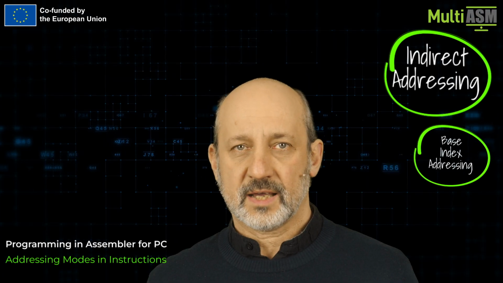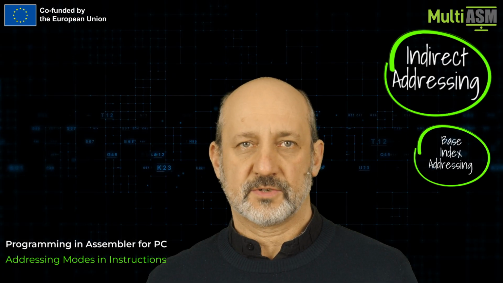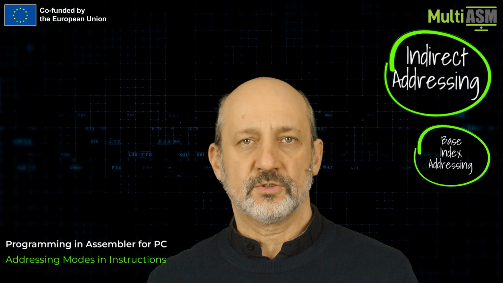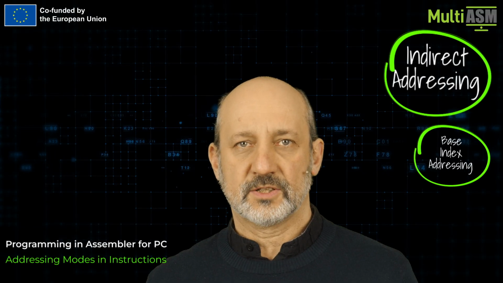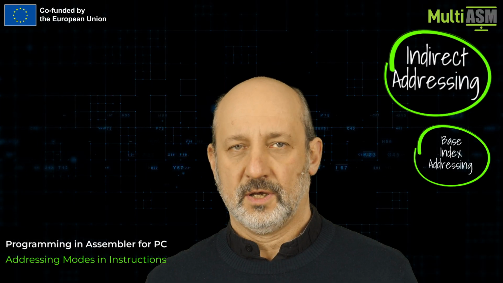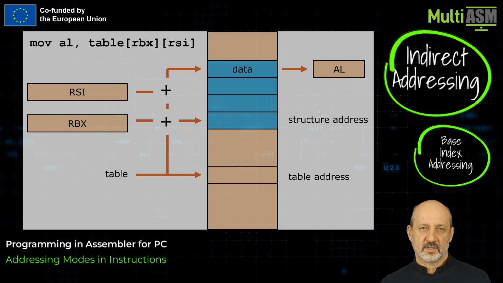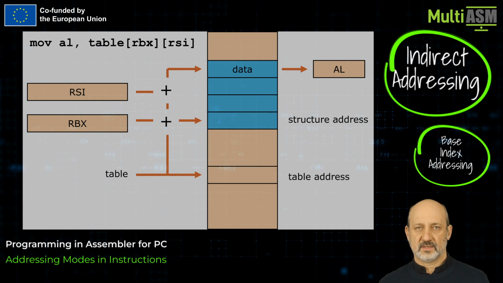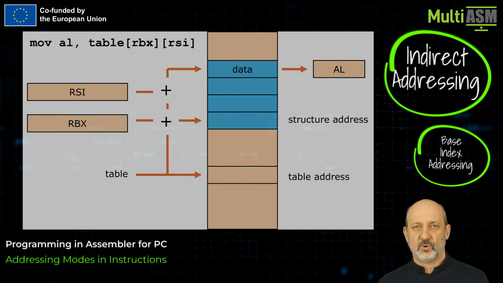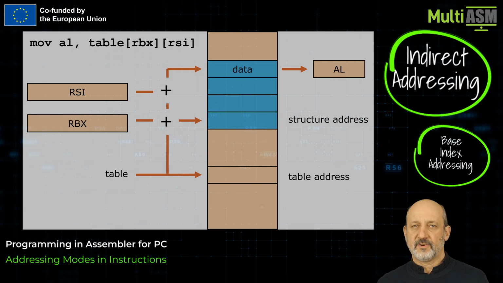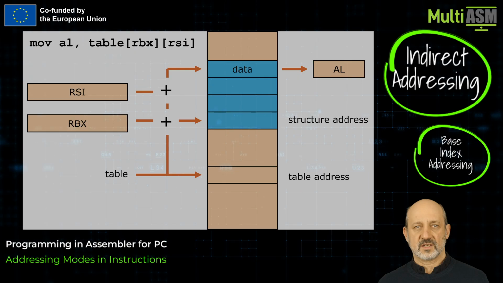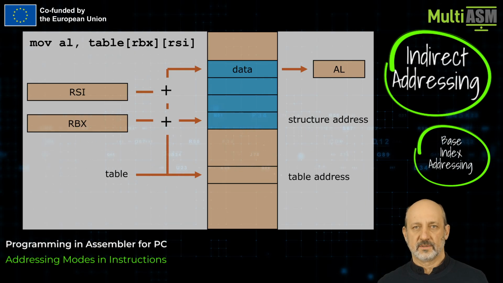In base indexed with displacement addressing mode, the combination of two registers with an additional constant is used. In 64-bit processors, any register can be the base, and all except the stack pointer can be the index. The constant is up to 32-bit signed value. The final effective address is the sum of the contents of two registers and the displacement.